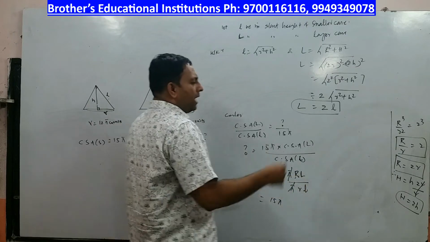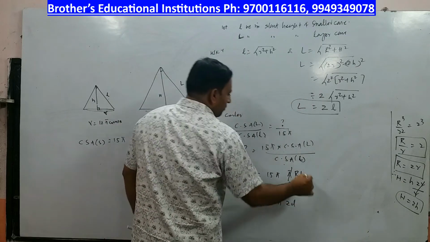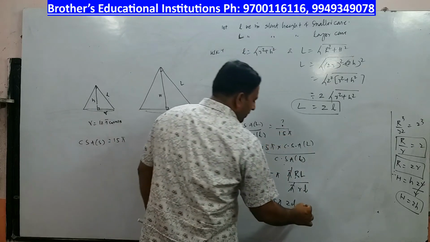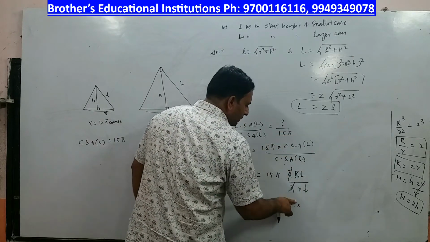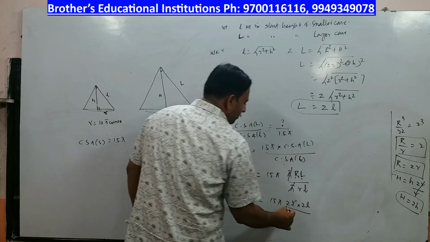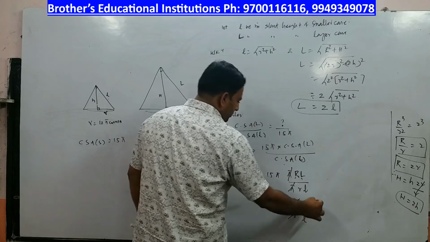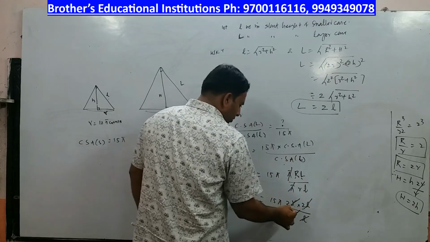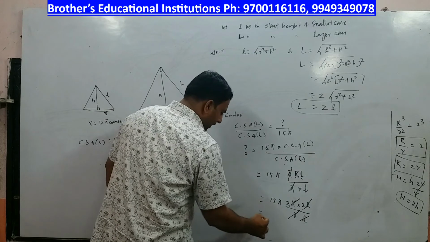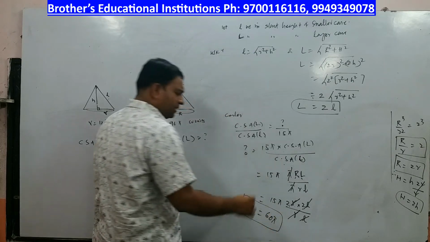What is capital R in terms of small r? Capital R is equal to 2r. What is capital L in terms of small l? It is equal to 2l. So 2r into 2l by small r into small l. Now small r, small l cancel. 2 2s are 4. 4 into 15 is 60 pi. So therefore question mark is equal to 60 pi.